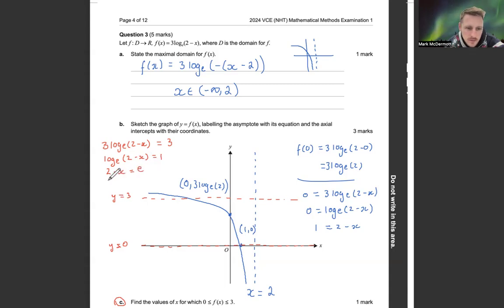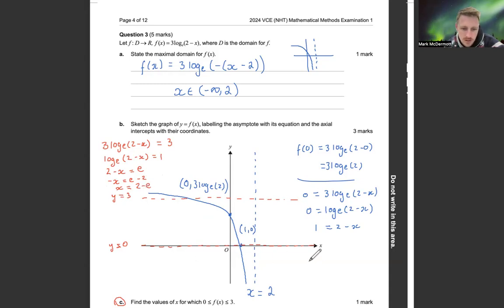Then subtract 2 and divide by negative 1. We're going to run out of space. So negative x equals e minus 2. So x equals 2 minus e.